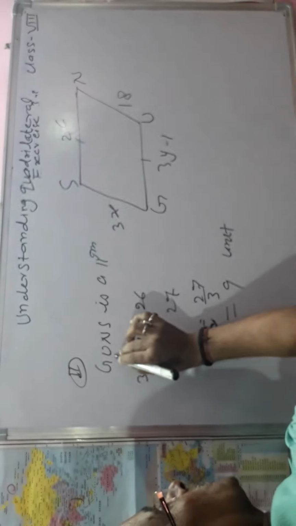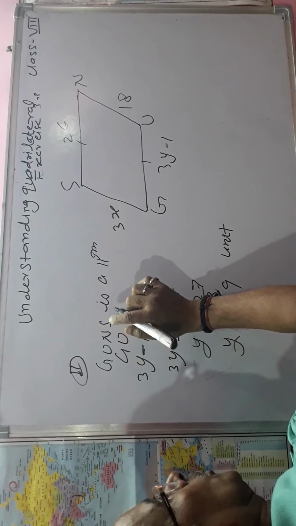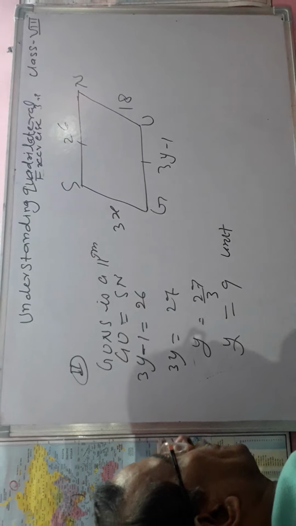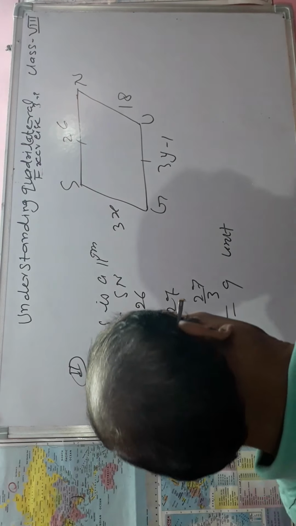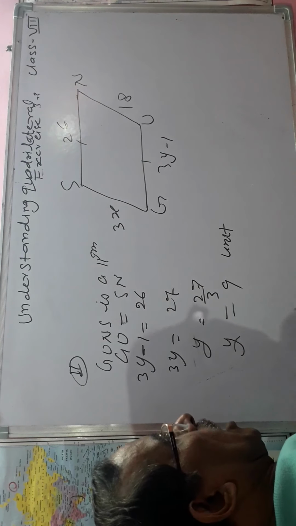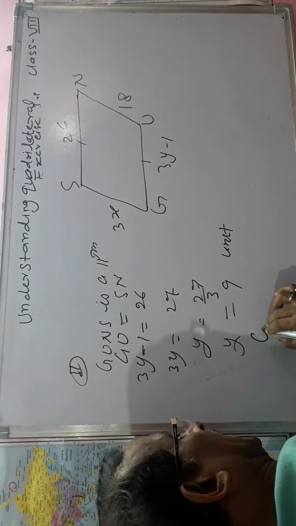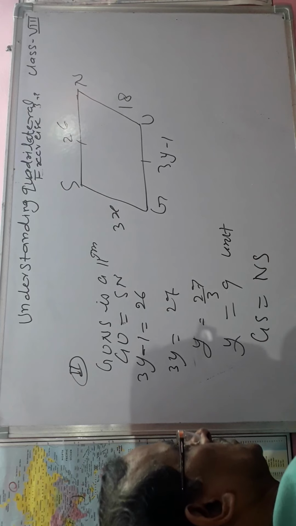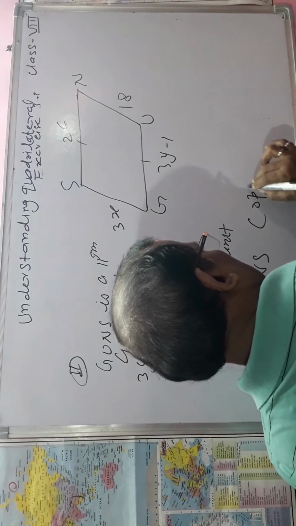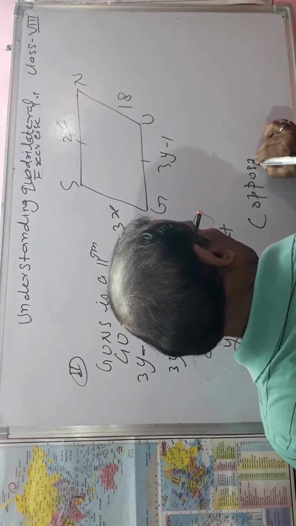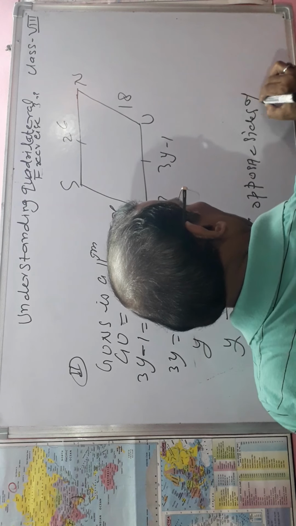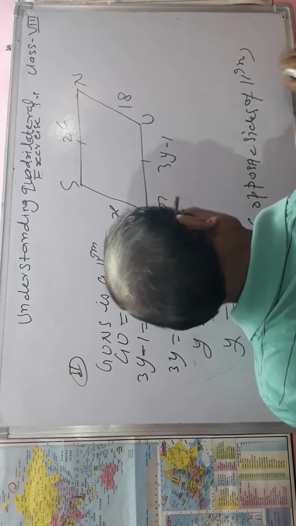Now we can write here GU is equal to SN, opposite sides of a parallelogram. And now we will write GS is equal to NU, opposite sides of a parallelogram.